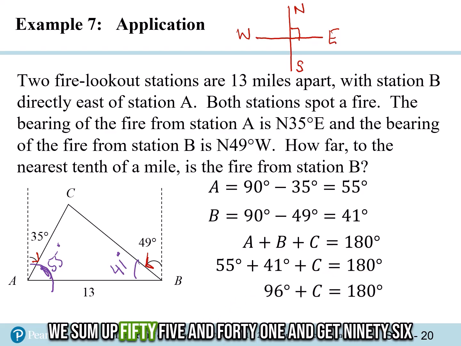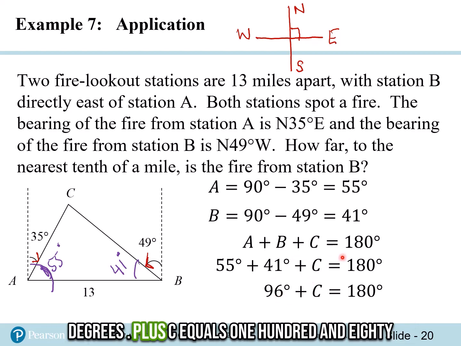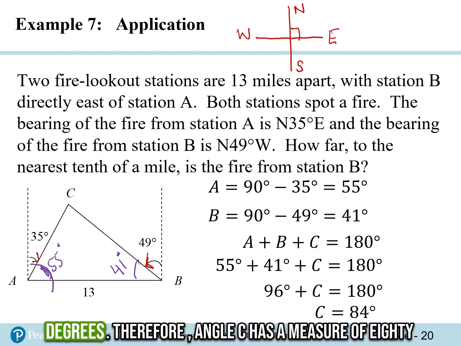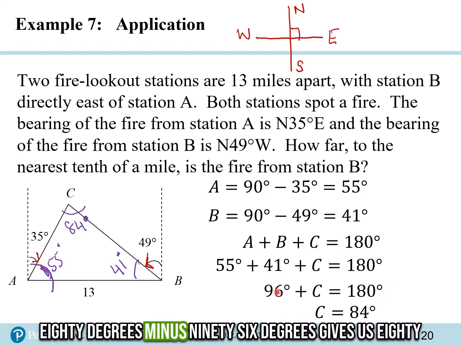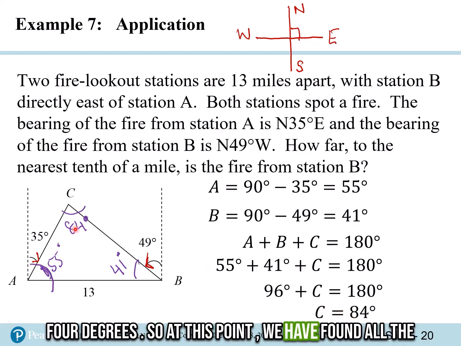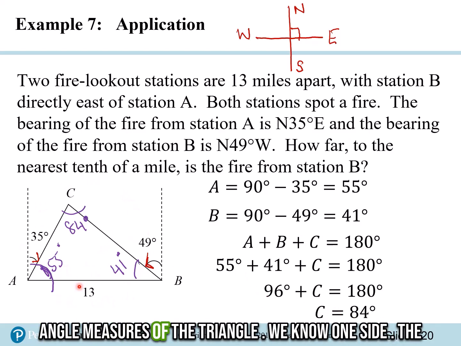We sum up 55 and 41 and get 96 degrees, plus C equals 180 degrees. Therefore, angle C has a measure of 84 degrees, correct? 180 degrees minus 96 degrees gives us 84 degrees. So at this point, we have found all the angle measures of the triangle.